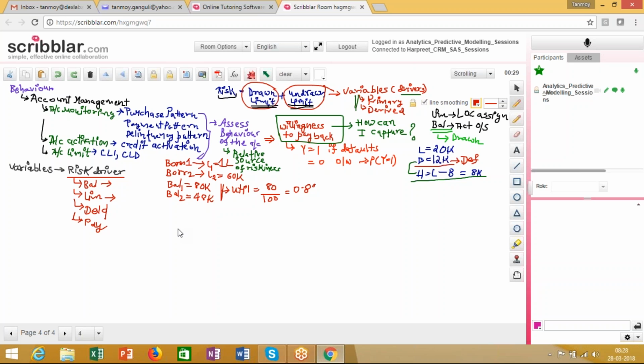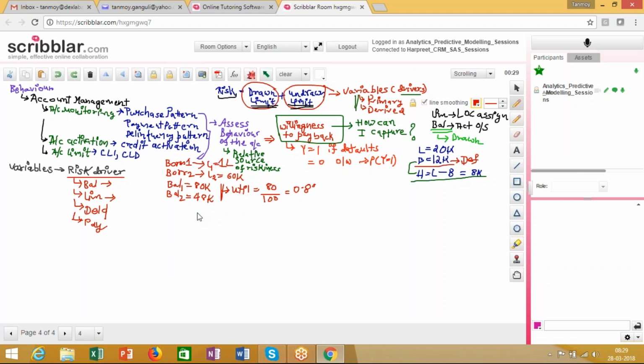Utilization is a variable derived from the limit and the balance of both the borrowers. However, if I look into this behavior, both of them, as on a given month, have utilizations of 80%.